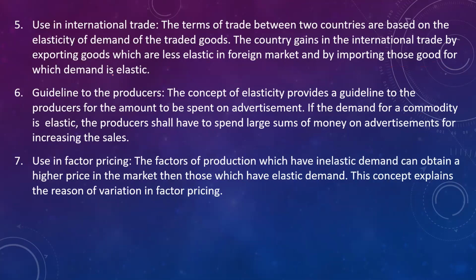Then fifth is in the case of international trade. The terms of trade between two countries are based on the elasticity of demand of the traded good. Now, a country gains in international trade by exporting goods which are less elastic in the foreign market and importing those goods which are demand elastic. In foreign markets, less elastic means inelastic.